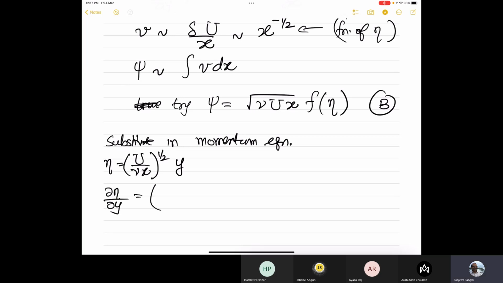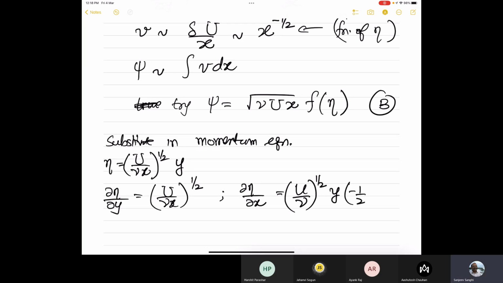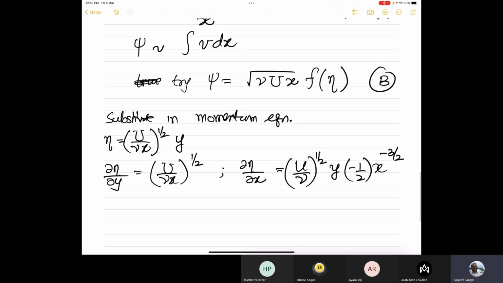Partial eta by partial y will be equal to nothing but capital U upon nu x to the power of half. And partial eta by partial x, this will be equal to U upon nu to the power of half times there is a y, and then I have to take x to the power of minus half. So minus half times x to the power of minus 3 by 2.